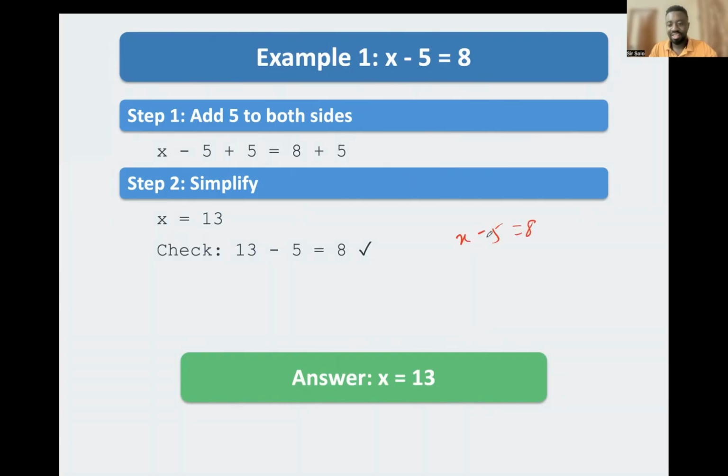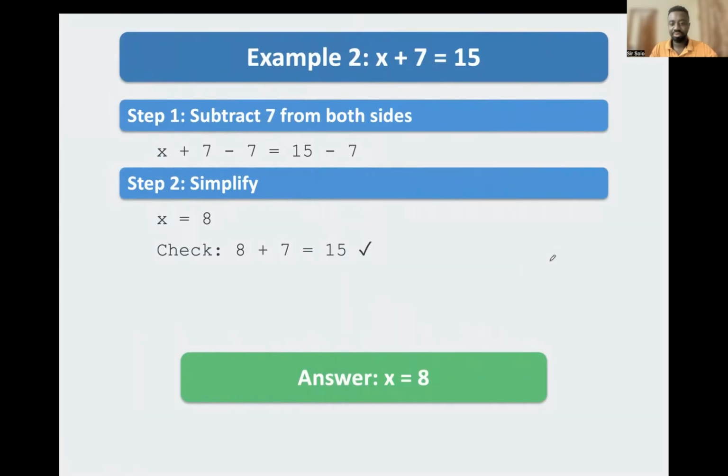Since you have minus 5, you add plus 5. So you have x minus 5 plus 5, but it must always be added on both sides, because this side is A and this side is B. Whatever you do at A should also be done at B. So you're going to have x plus 5, and this will cancel. It gives us 13. Good.